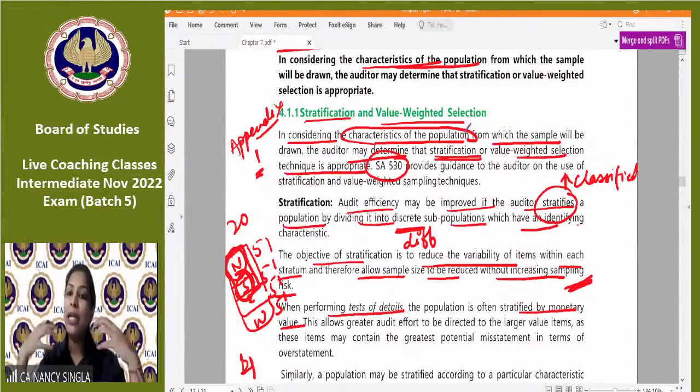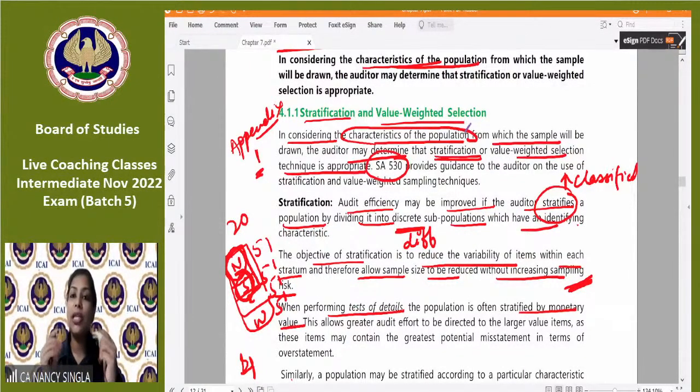तो जब आप सैंपल डिजाइन कर रहे हो, when you are understanding the characteristics of the population ना, तो ऑडिटर उसको let's say stratification. तो you do one thing, you divide the population and then try to understand the characteristics. ठीक है?